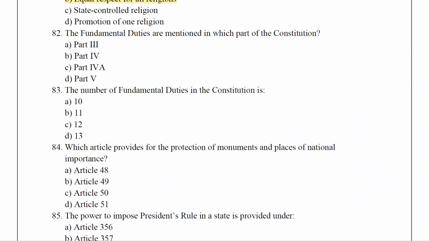Next question, the fundamental duties are mentioned in which part of the Constitution? The answer is Part 4A.